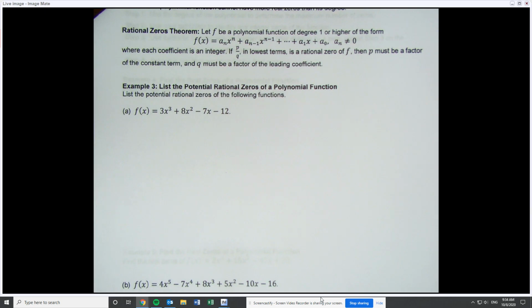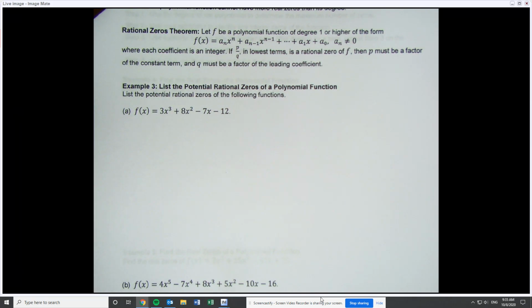Now, I will go ahead and tell you ahead of time. This part right here, I will never make you do. Because for our class, you do get to use a calculator. And as soon as you get a calculator, this step right here goes out the window. This step is extremely useful if you do not get the use of a calculator, which there are courses that don't get to use one.